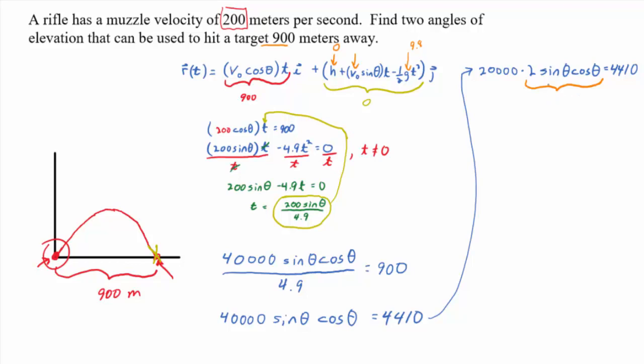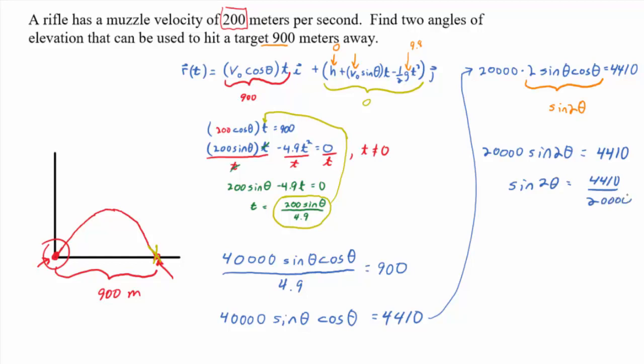So the idea is that 2 sine theta cosine theta is equal to sine of 2 theta, right? Okay, so that makes 20,000 times sine of 2 theta equals 4,410. Divide both sides by 20,000, 4410 divided by 20,000.